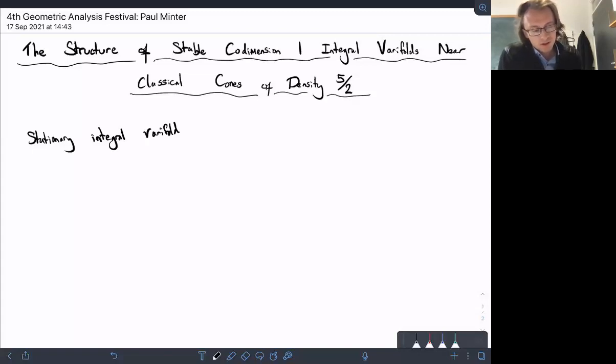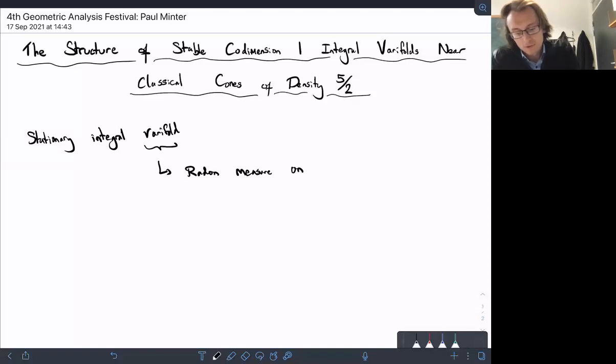So in this setting, a varifold, just very quickly, will be a Radon measure on some Grassmannian bundle over an open subset of, say, Rn. For everything, we're just going to work in Rn, at least for this talk.